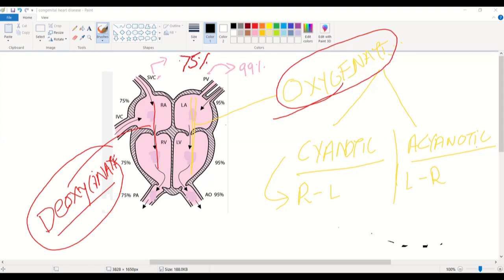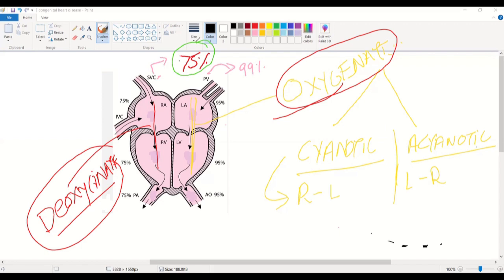So the oxygen saturation is also important. The oxygen saturation in the superior vena cava is 75%. It's variable; generally we accept 60 to 80%.